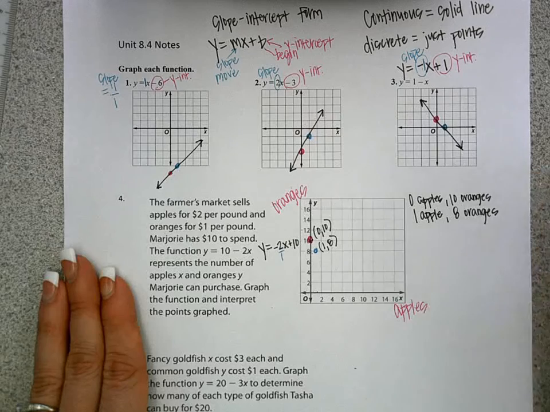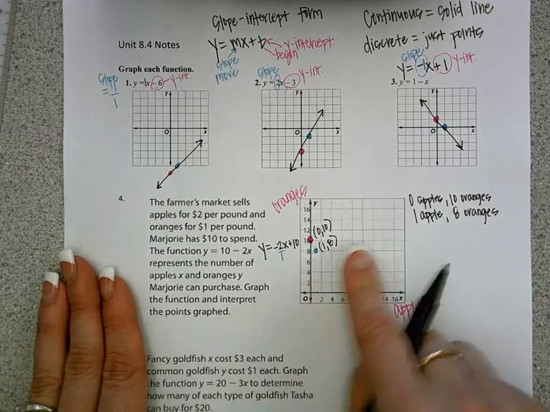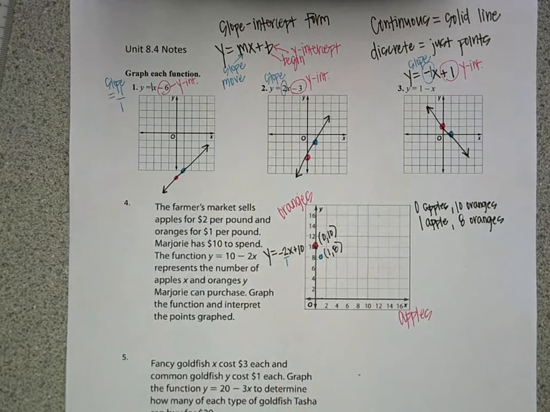Right? So when it tells you to graph the function and interpret the points graphed, is that the only options she has? To buy either 0 apples and 10 oranges or 1 apple and 8 oranges? Are those the only options she has? No. How do I find out her other options? Keep graphing. Okay?